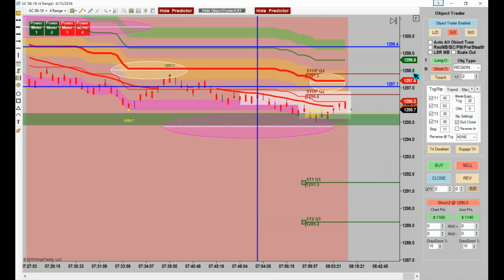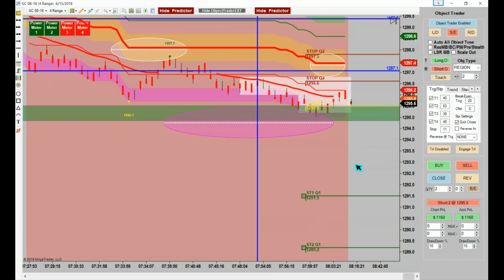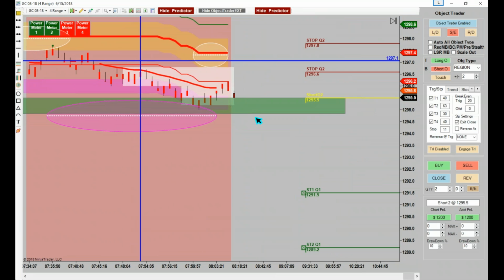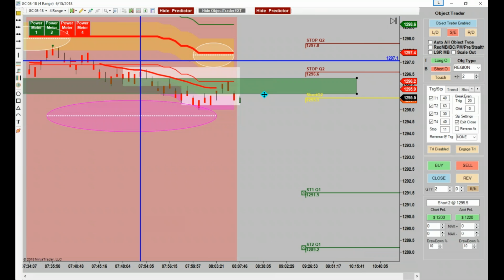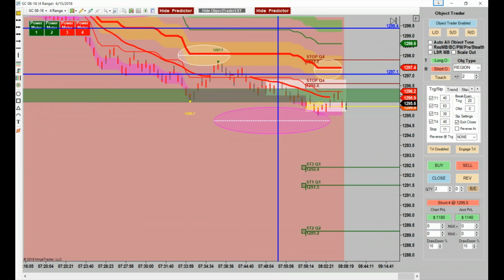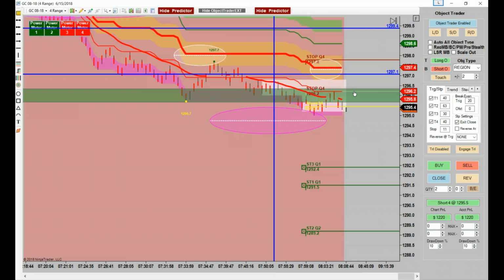And by the way, even though this box drew at 8 a.m., could you still take this by moving this? See, you're actually breaking it right there, so I'd actually be adding to it, but you got 4 already. See there? So let's see if that works. Now, I'd be giving up quite a bit of this with this stop, so I put my stop just above that swing, like so, with exit on close.